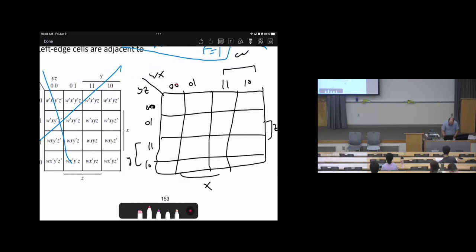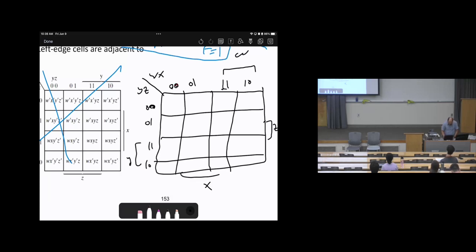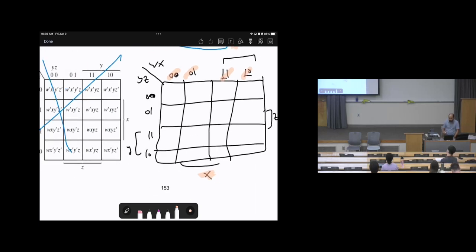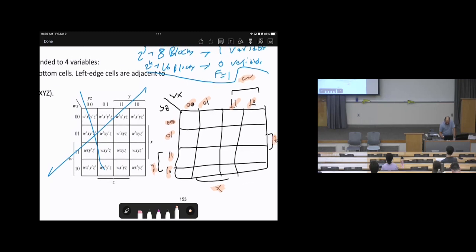So we have 00, 01, 11, 10. Here is the location of w, here is the location of x. Very similar to what we did in the 3 variables. But the difference here is that instead of having 2 rows, we have 4 rows. So we do the same way: 00, 01, 11, 10. Here is for y. Then here is for z. Okay?